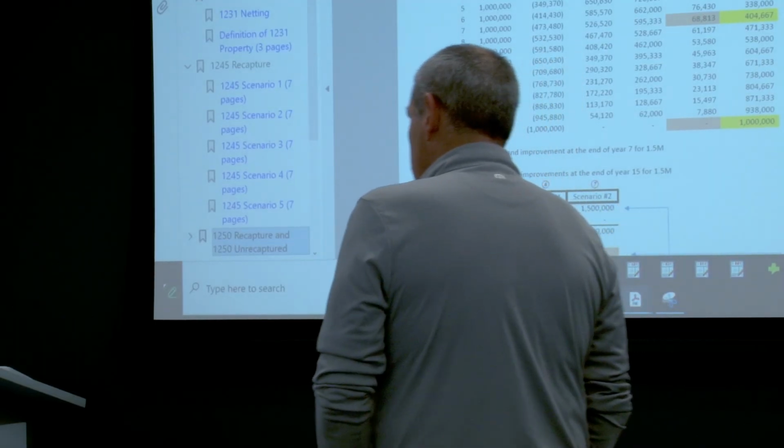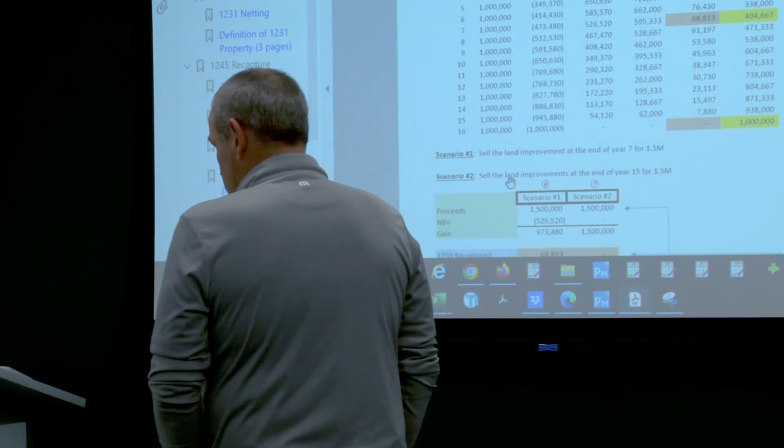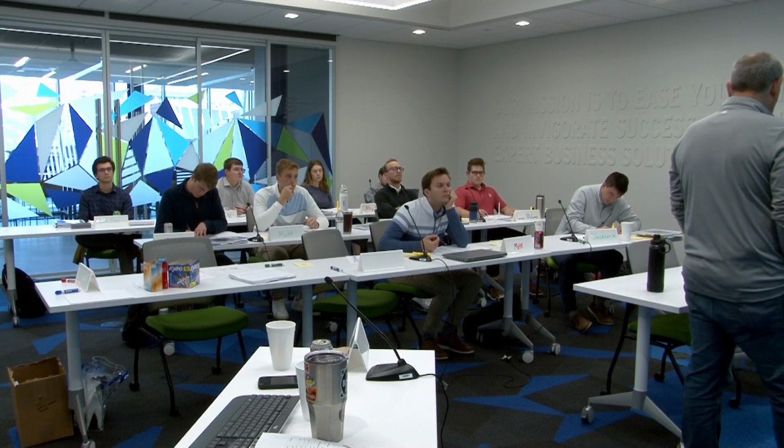So we're going to compare and contrast for a second because this one blew my mind. If I have a widget machine and I take bonus depreciation on that widget machine and I sell it 20 years from now, the acquisition cost was $100,000.